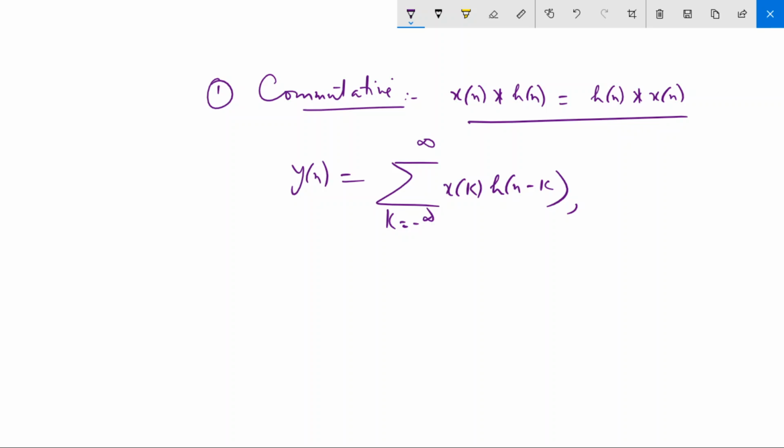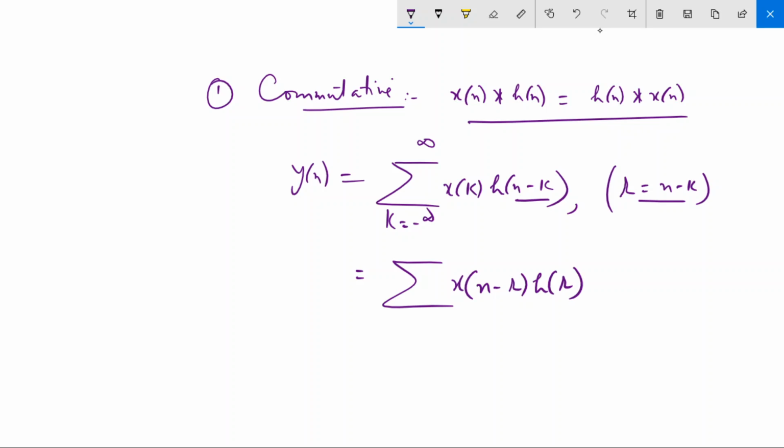In this equation, if I change the summation variable from k to r, where r is equal to n minus k, I can write it as x of k, which becomes x[n minus r], into h[n minus k], which becomes h[r], and the summation over r will again be from minus to plus infinity.